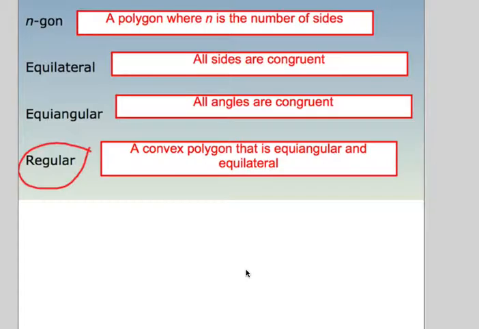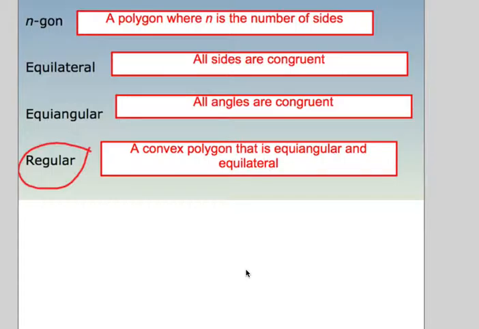Octagon has 8, nonagon has 9, N-O-N-A-G-O-N. Decagon has 10. 11 you would just call an 11-gon. 12 is a dodecagon. Other than that, we just put the number like 13-gon, 14-gon.